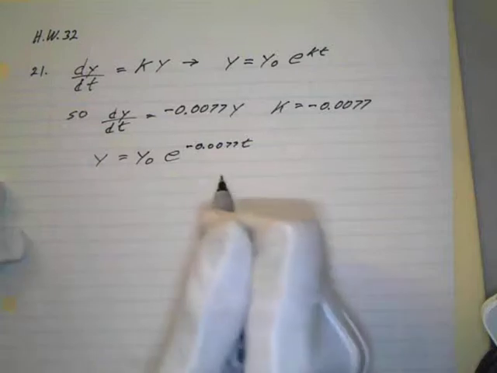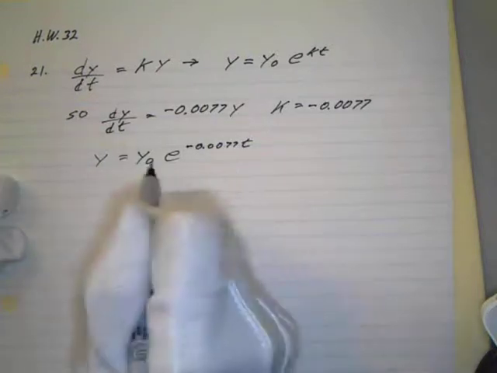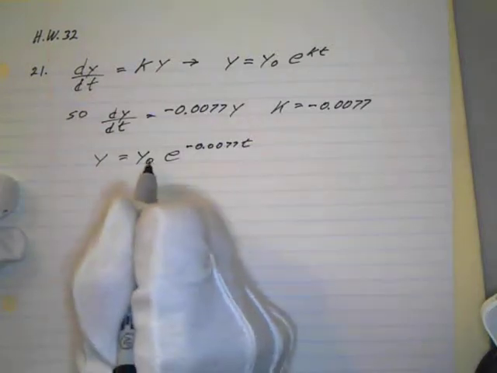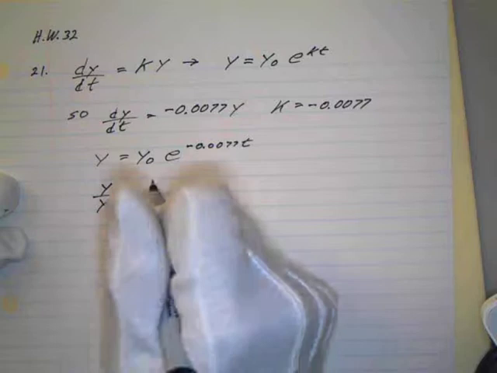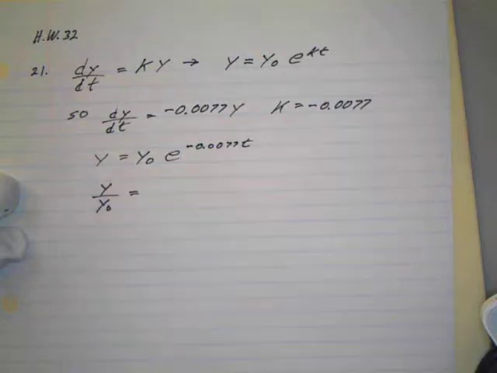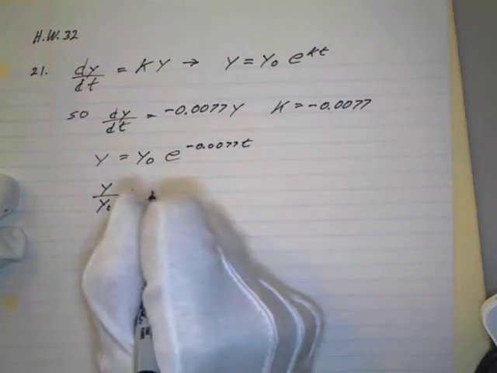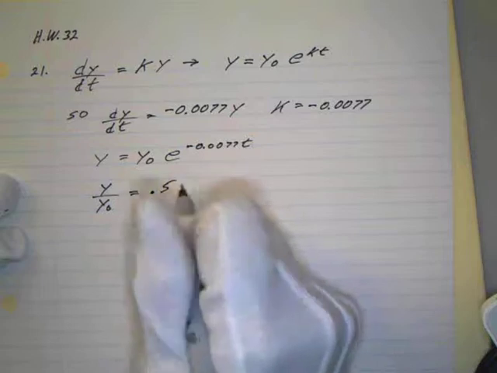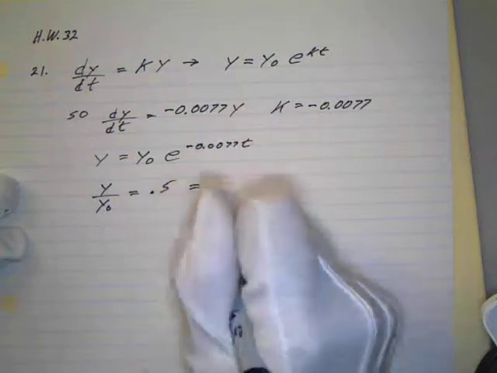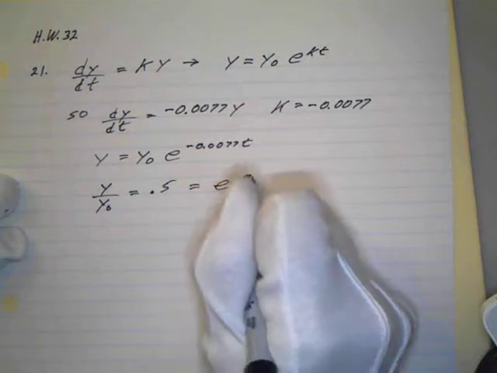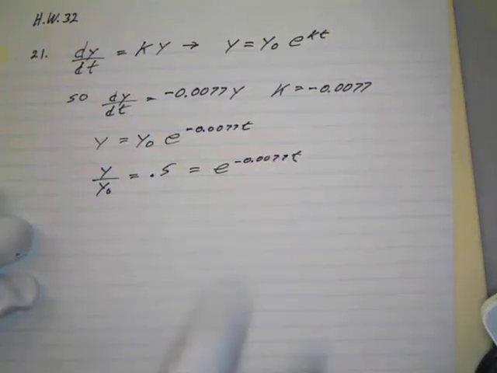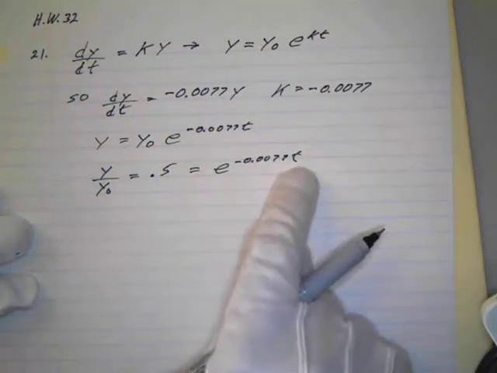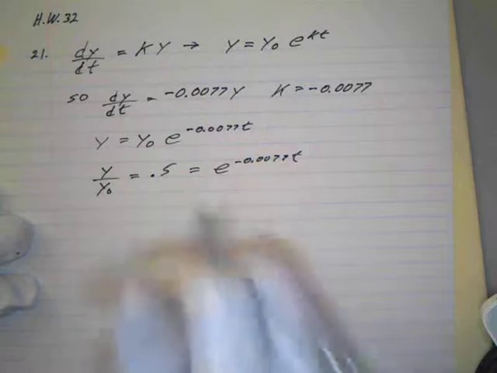Now the half-life we're looking for, so we know that the ratio of the amount I have over the amount I started with, y over y sub 0, is going to be equal to a half, or 0.5, and that's equal to e to the negative 0.0077t. So I want to find out what t is, what the half-life is, the time when I have half of my substance.